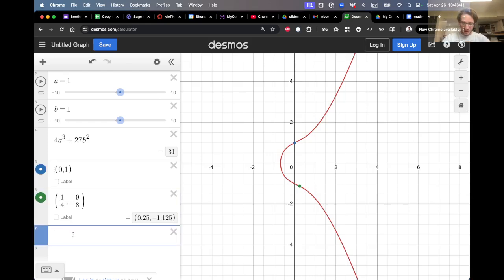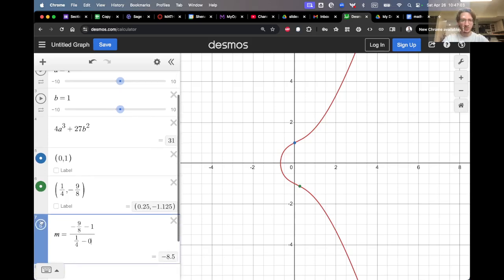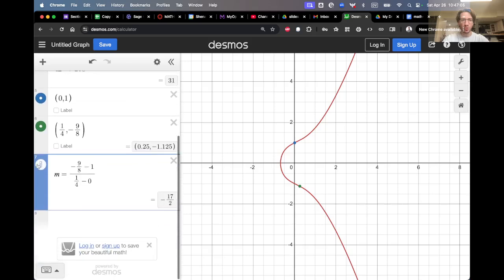So we need m, which is y2, -9/8, minus y1, so minus 1, over x2, which is 1/4, minus x1, which is 0. So there's our slope between those 2 points.